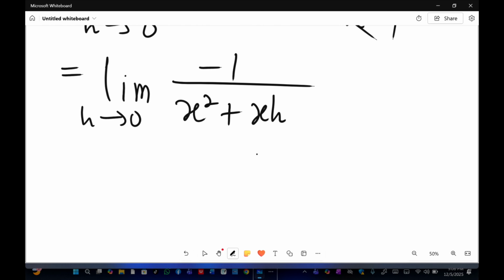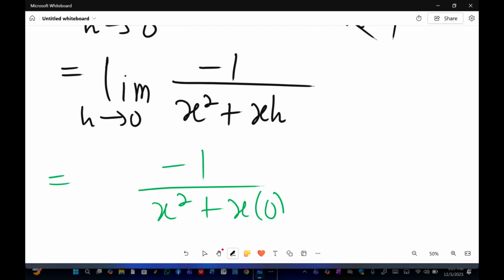Alright, so now we can take the limit as h approaches 0. So we are now only going to get negative 1, then whenever you see h, you put 0 over there. So we have x squared, then plus x multiplying 0.